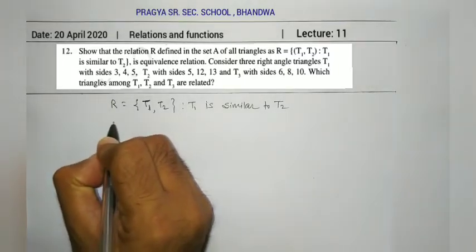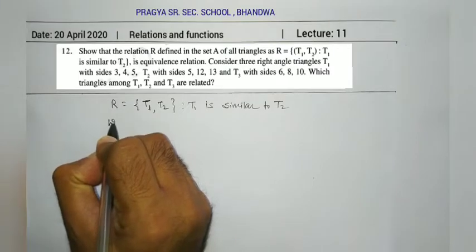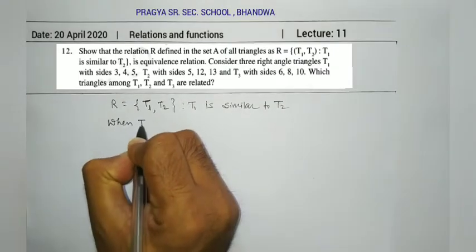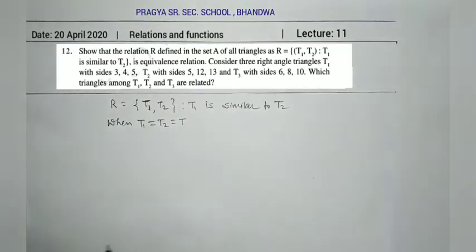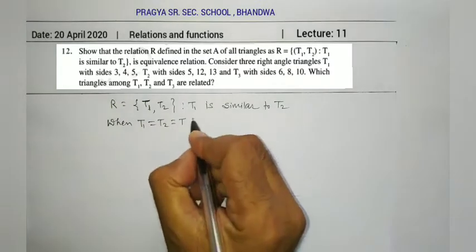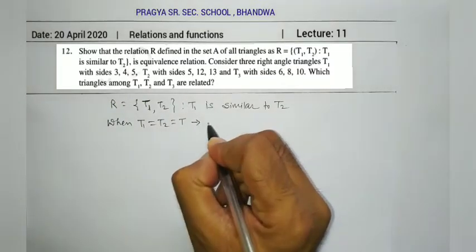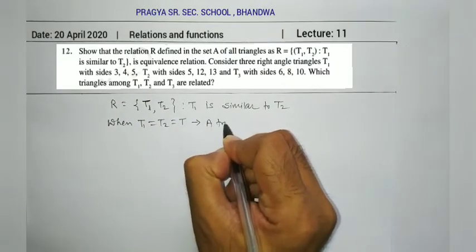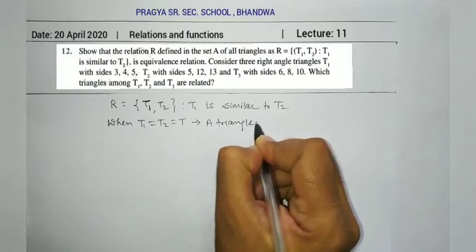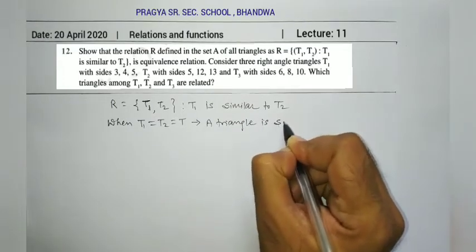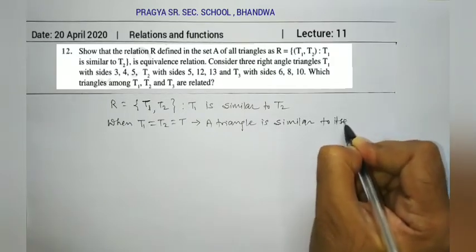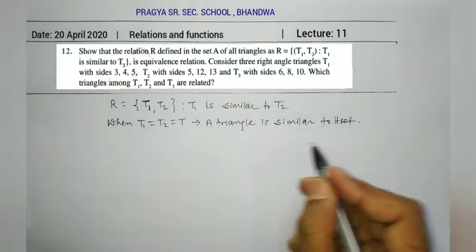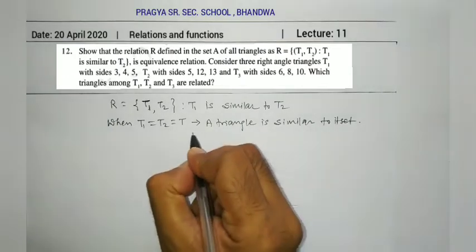So when T1 equals T2 equals T, that means we are trying to say that both the triangles are same, we can say a triangle is similar to itself.